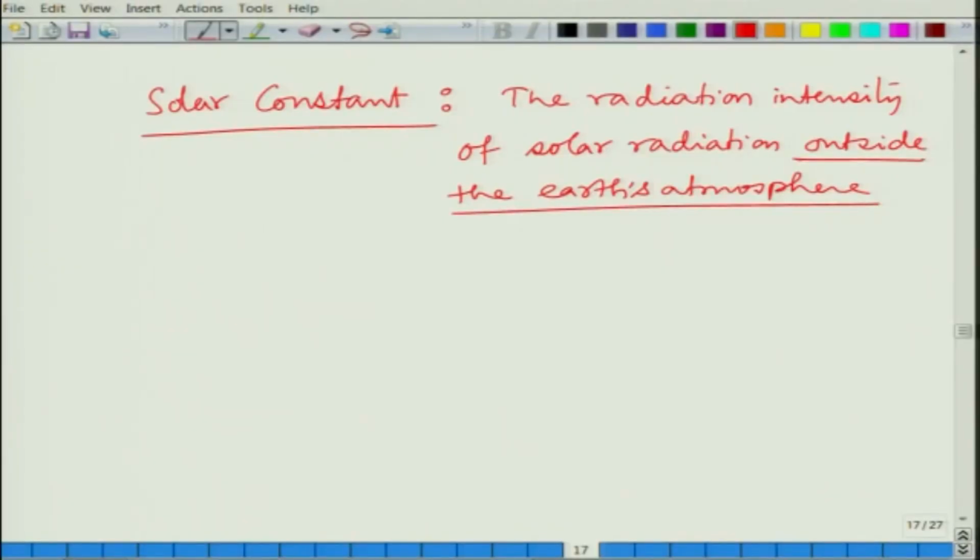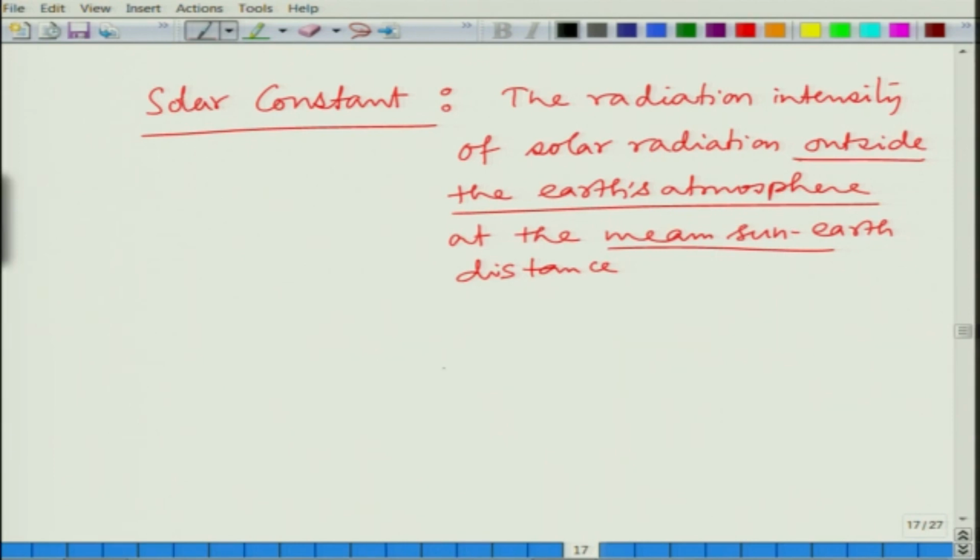So, what we are trying to fix now is beyond the atmosphere. When there is no atmosphere, what is the radiation intensity there, and it also depends on the sun earth distance. So, to fix it, what we do, that at the mean sun earth distance, this is also very important, okay, and that is called solar constant.